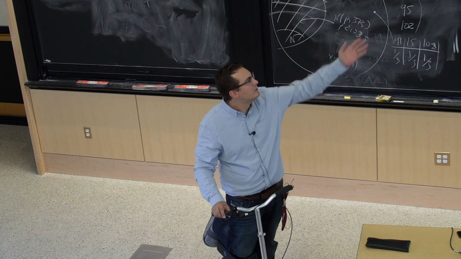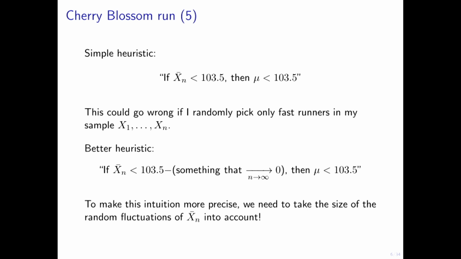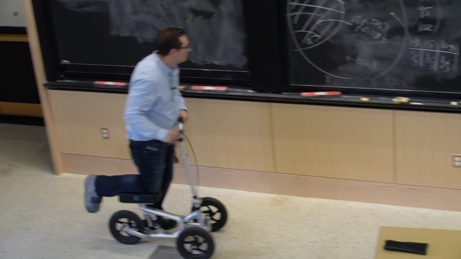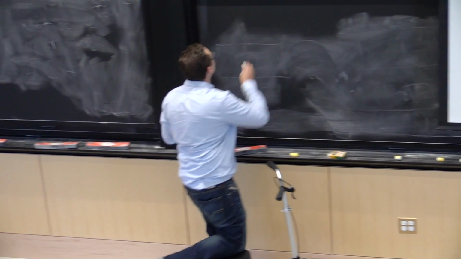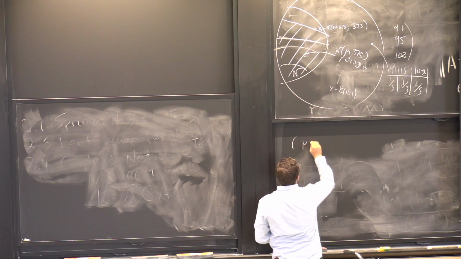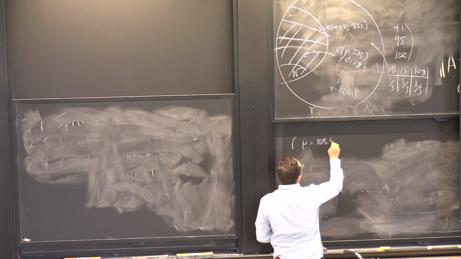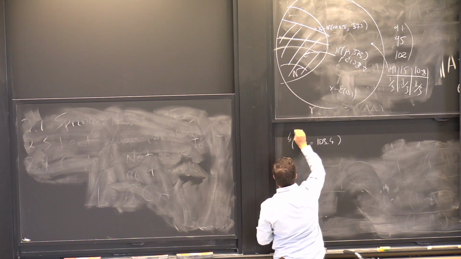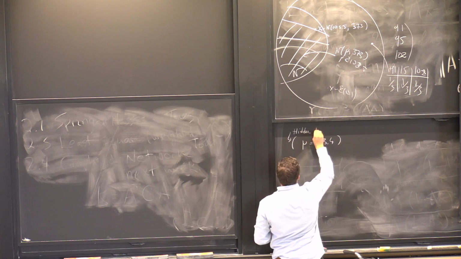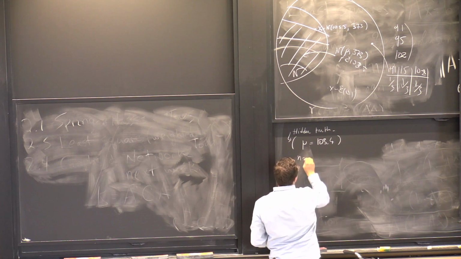Okay, so 1/3, 103.5. If the true mean was actually 103.4, but my average was telling me it's 103.4 plus 1/3, I would come to two different conclusions, right? So let's say that mu is equal to 103.4. You're not supposed to know this, right? That's the hidden truth. Now I have n equal to 10.